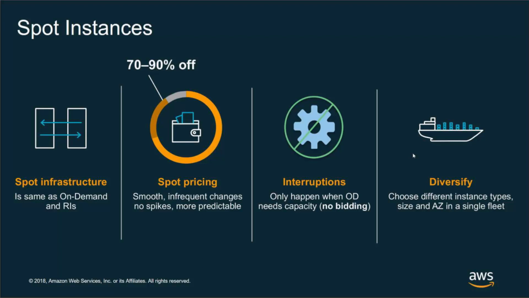And this diversification comes in similar ways in different types of workloads. Think about a front-end web application. I would like to run my application on multiple instance types within the same cluster, within the same ELB. So if some of that capacity gets interrupted, only a small portion of my instances are impacted. So my application keeps on running. I'm still meeting my SLA.